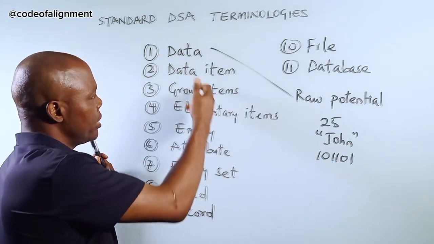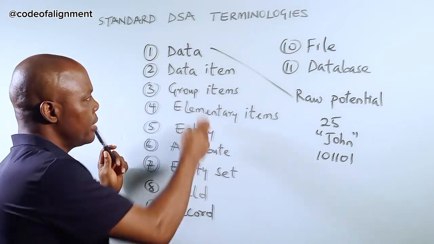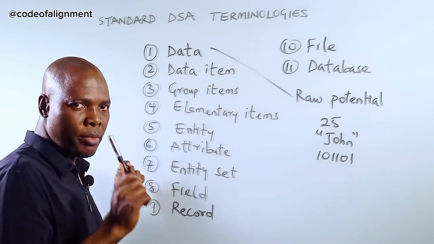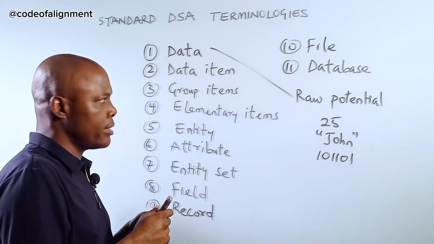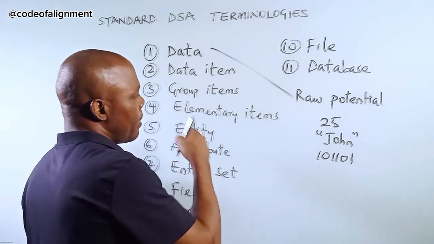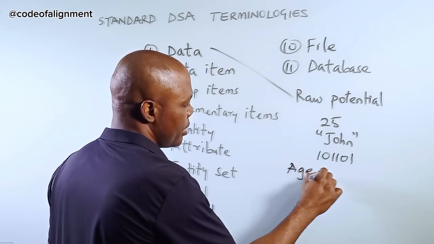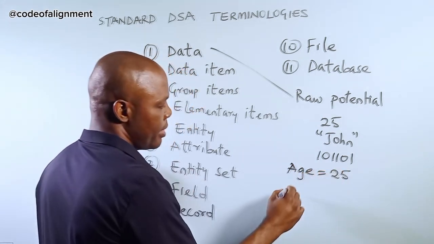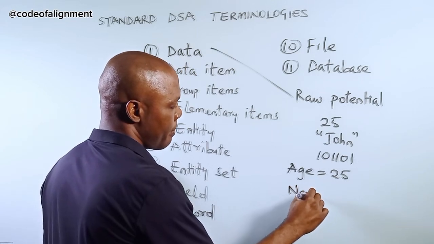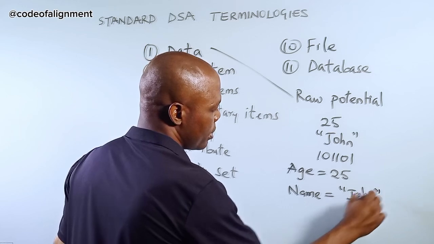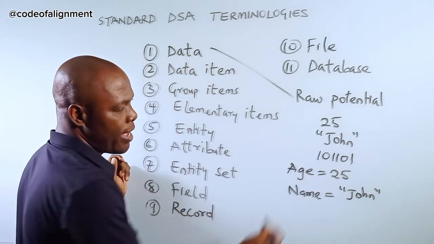That moves us to the next one, which is data item. So what is data item? This is the single meaning existing within context. If I now say age equals 25, name equals John, now we know what 25 is.